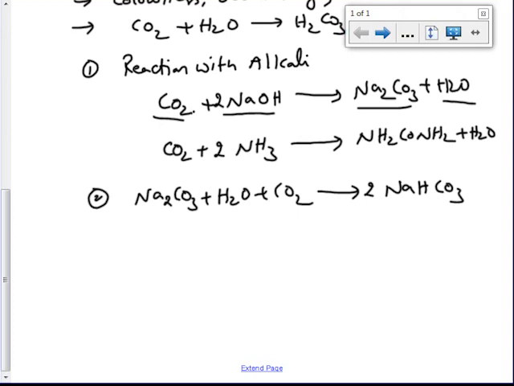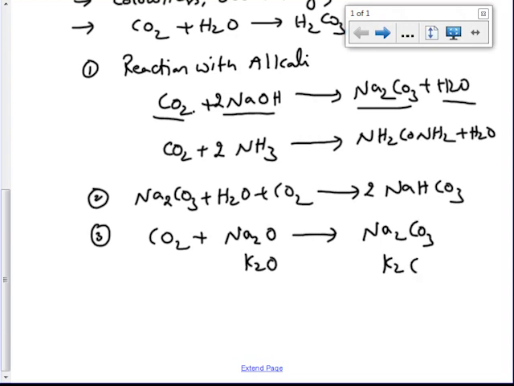Exactly opposite from the preparation, that is properties. Next, carbon dioxide on reaction with metallic oxides, like group 1A oxides, sodium oxide, potassium oxide, gives the corresponding salts: sodium carbonate, potassium carbonate, like this.